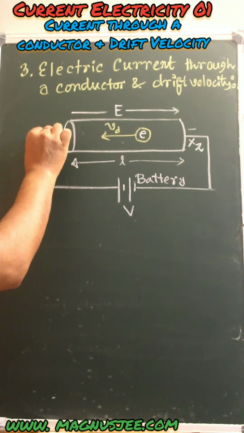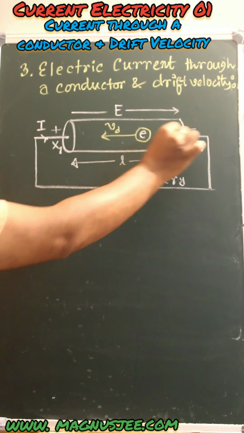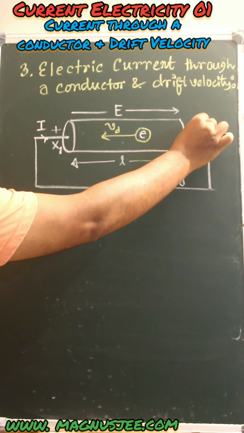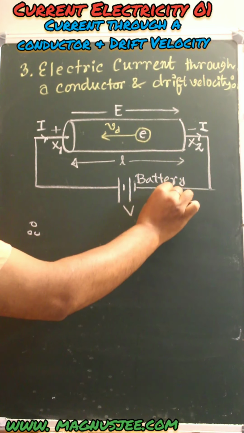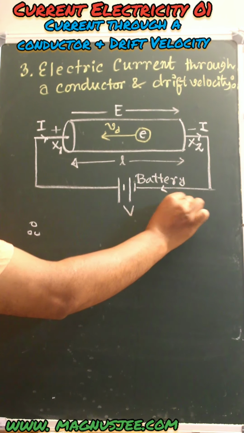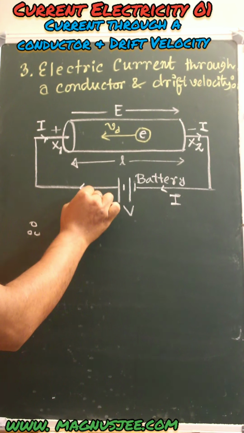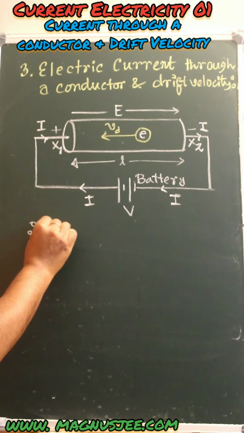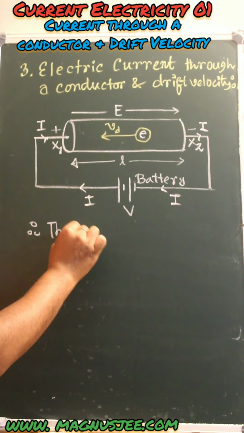Therefore, electric current flows from the positive end to the negative end of this conductor x1, x2, and current is generated from the positive terminal of the battery.